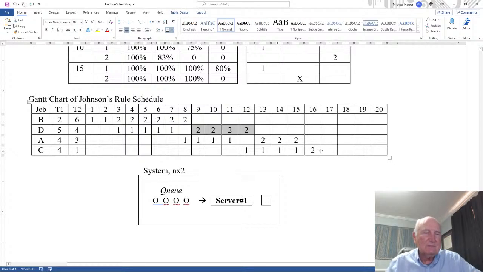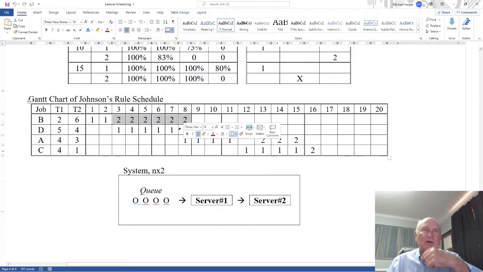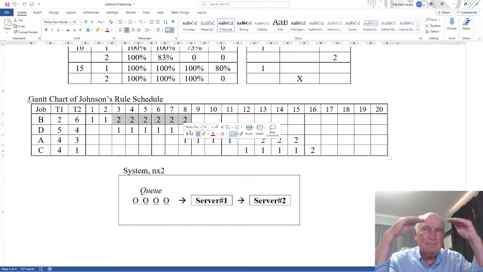Okay, that's that concept. What about the other? The minimum time on the first server is early in the schedule. Well, that's pretty simple as well. The shorter that time, the faster the second server can start processing. The value of an n/2 system is both servers processing jobs at the same time.